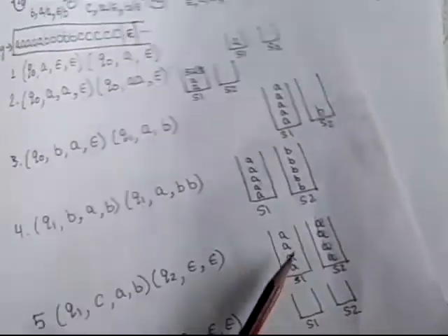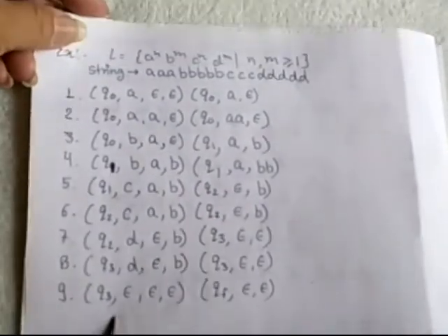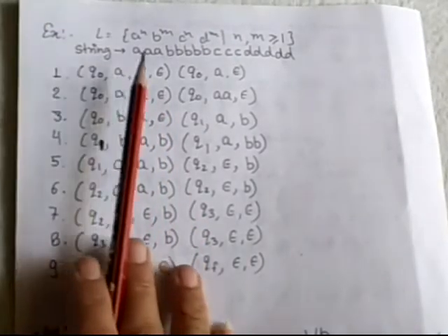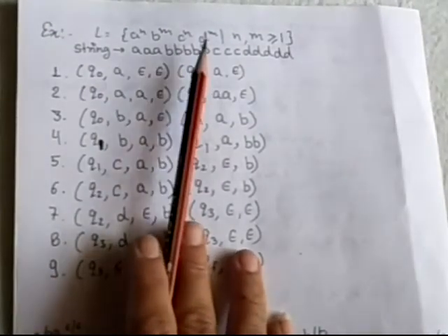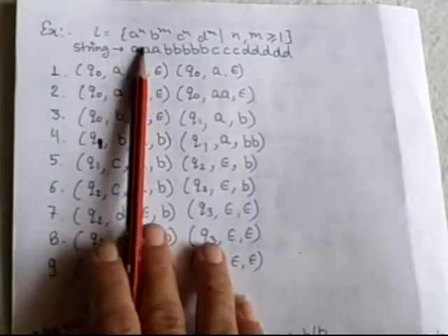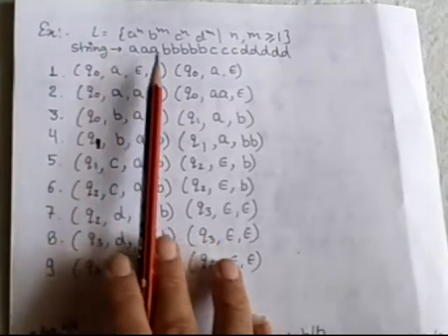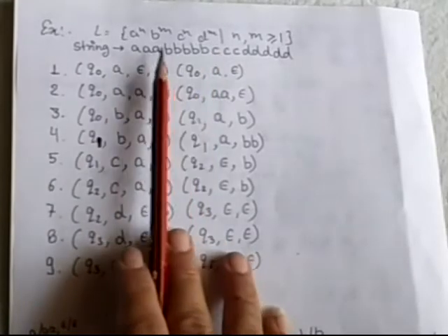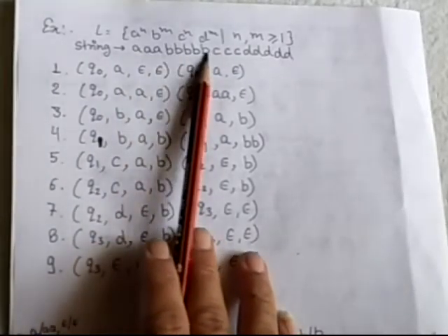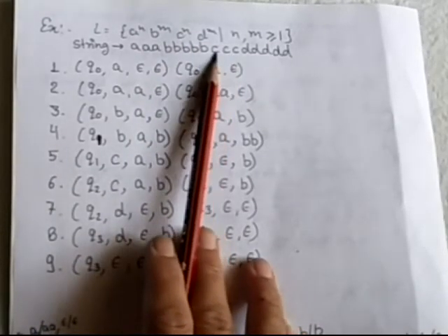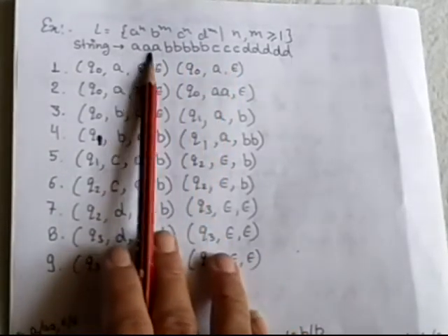Now let's take another example, where the language is A to power n, B to power m, C to power n and D to power m. If we take a string of this language, we may have 3 A's followed by 5 B's followed by a number of C's equal to the number of A's.